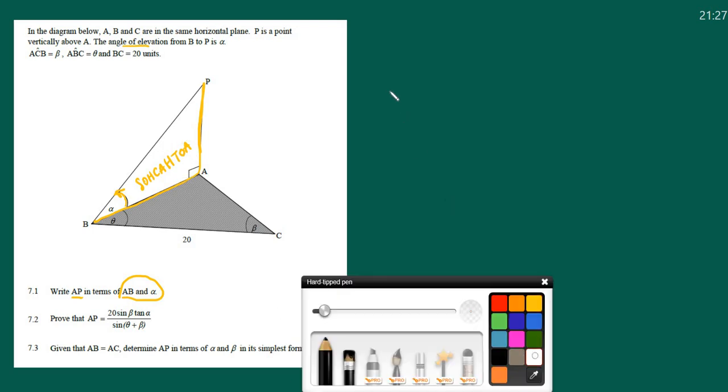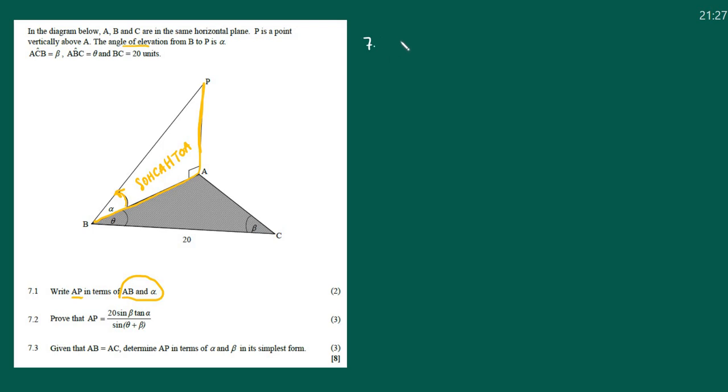Right, and then now for 7.1, we need to write AP in terms of that. So we can say tan alpha will be equal to the opposite, which is AP, over the adjacent, which is AB. So therefore AP will be, you multiply by AB both sides, you're gonna have AB tan alpha as your AP, and you get your nice 2 marks there.